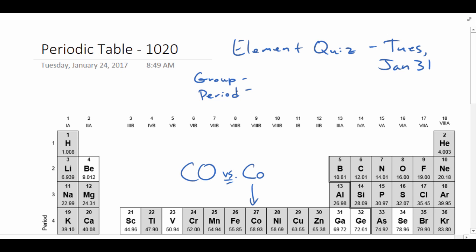Now the groups refer to the vertical columns. These are the group numbers, numbered from 1 through 18. Sometimes we refer to them as families of elements. Instead of groups, we call them families, because elements in the same group tend to have similar chemical properties.